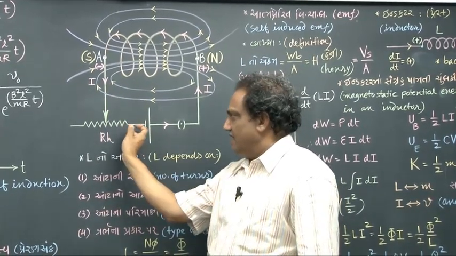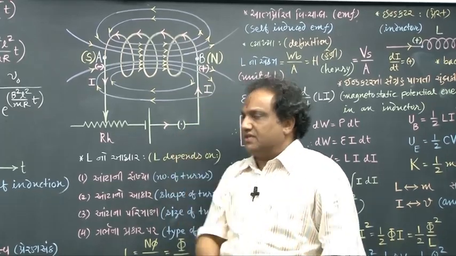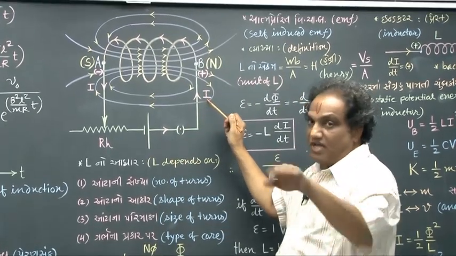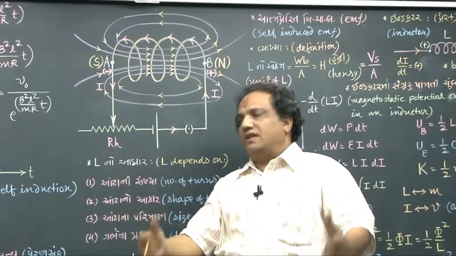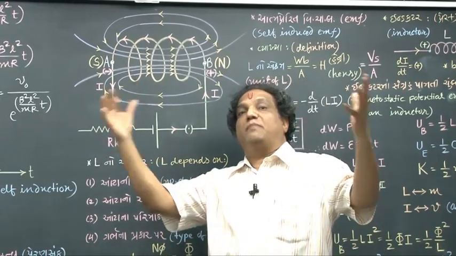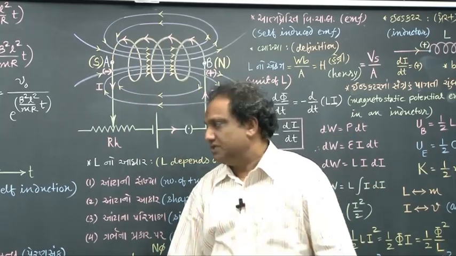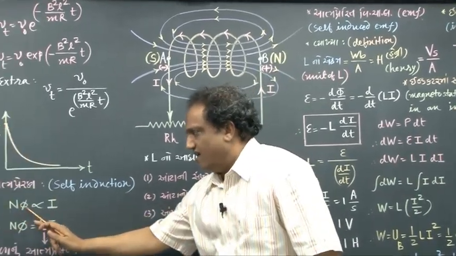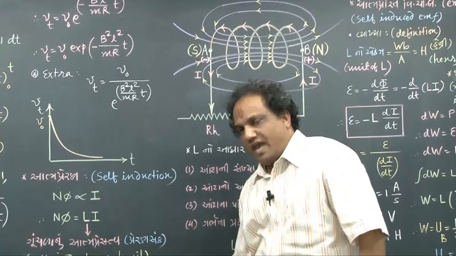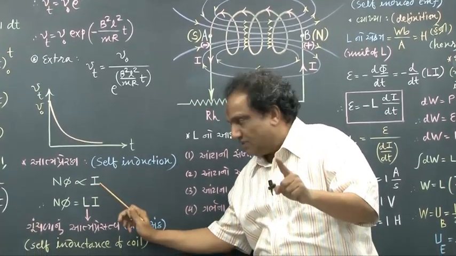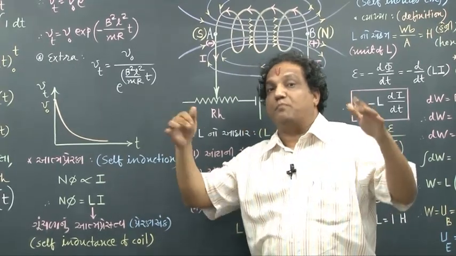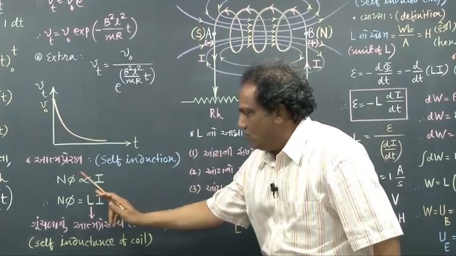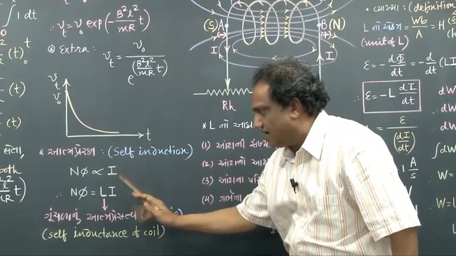If resistance decreases, current will increase. And as this current goes on increasing, it will produce a stronger magnetic field, and then this coil will have greater magnetic flux linked with it. That's why I am writing N phi proportional to I. As this current is increasing, the total magnetic flux linked with the coil goes on increasing proportionally. So N phi increases proportionally with the current.